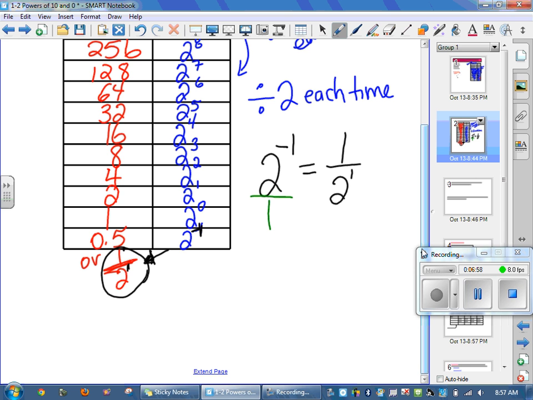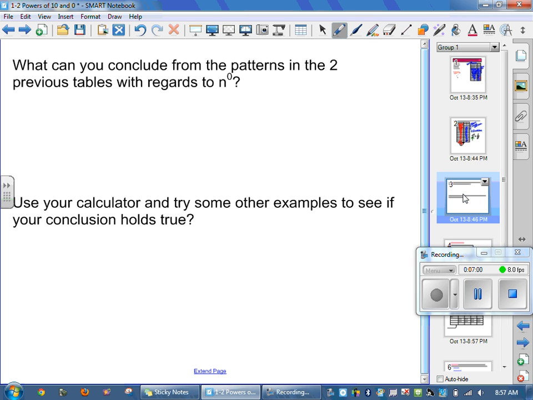What do you conclude from the patterns of the 2 previous tables with regard to anything? So n is any number, exponent is 0. What is the little pattern we found with anything to the exponent 0? Look through your stuff and what do you think? It equals a 1. Yes, you're correct. So anything to 0 always equals 1.